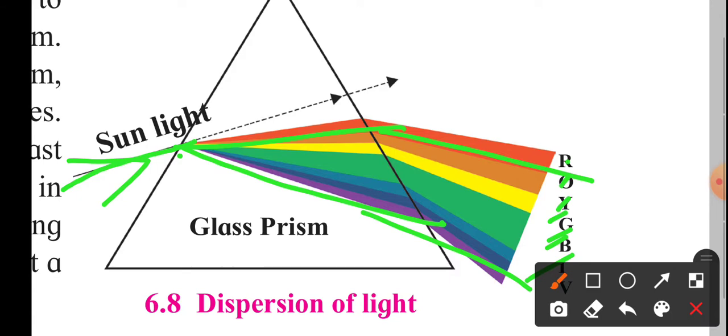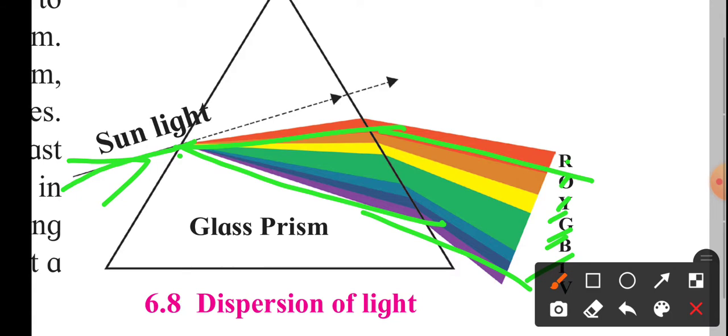Now, why are we getting the 7 component colors? Because the white light contains electromagnetic radiations of different wavelengths, between 400 and 700 nanometers.